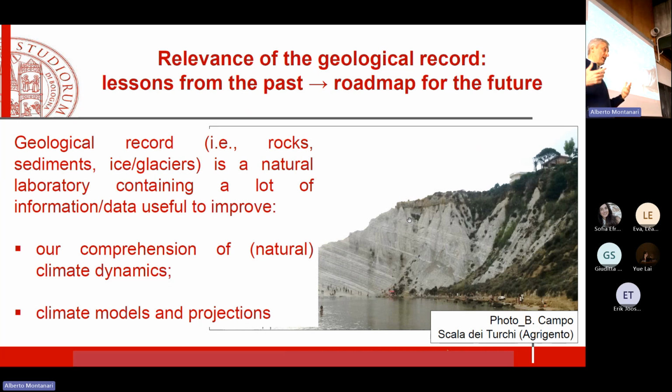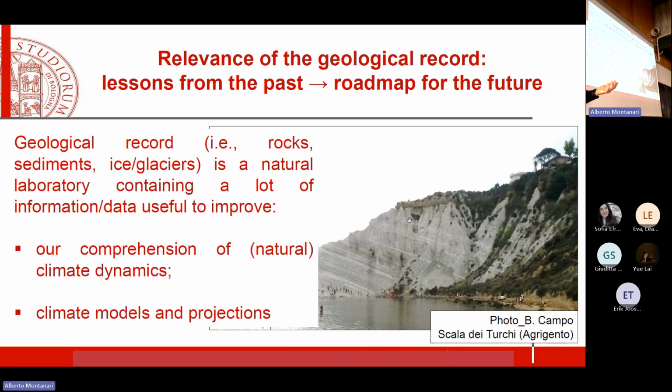So there are a lot of proxies, information that we can use to reconstruct past climatic variables. And it's interesting to learn more about this information. I also want to spend a few additional words on why it is important to compare what's happening today with what we believe happened in the past.